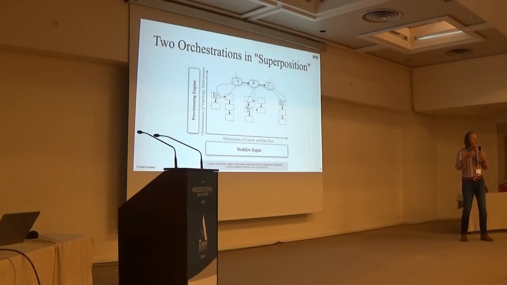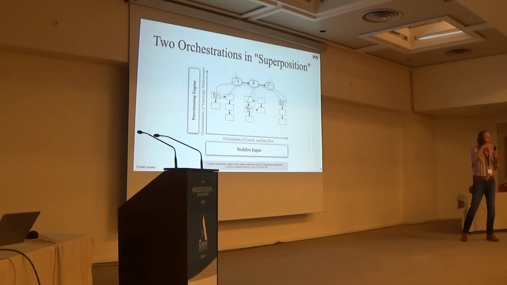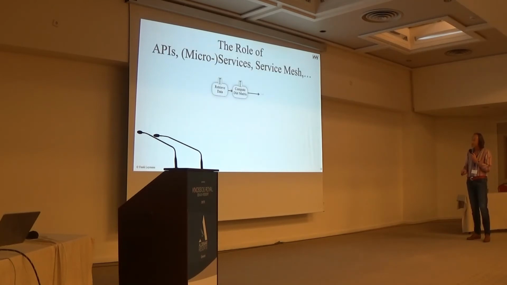It provisions, according to this topology diagram, the artifacts in the cloud, for example, or on-premise, so that then the overall workflow can be run. So the workflow engine interprets the graph of the workflow, and then invokes the code that is provisioned, deployed based on the topology diagram. So you need two orchestrations in order to make the application run.